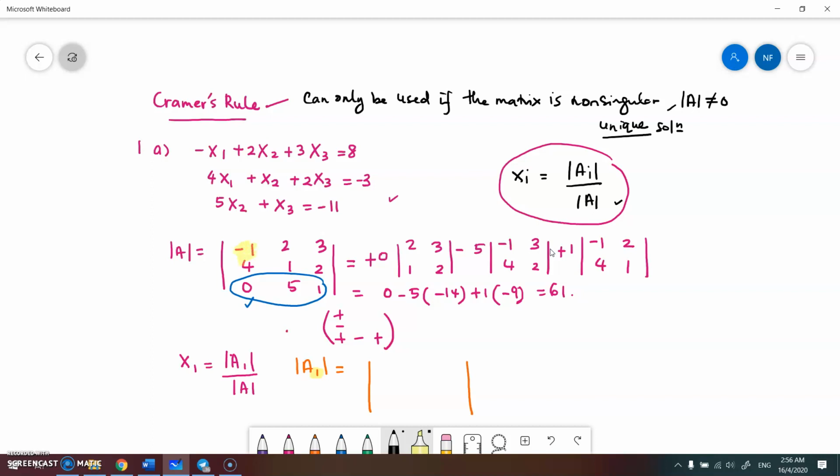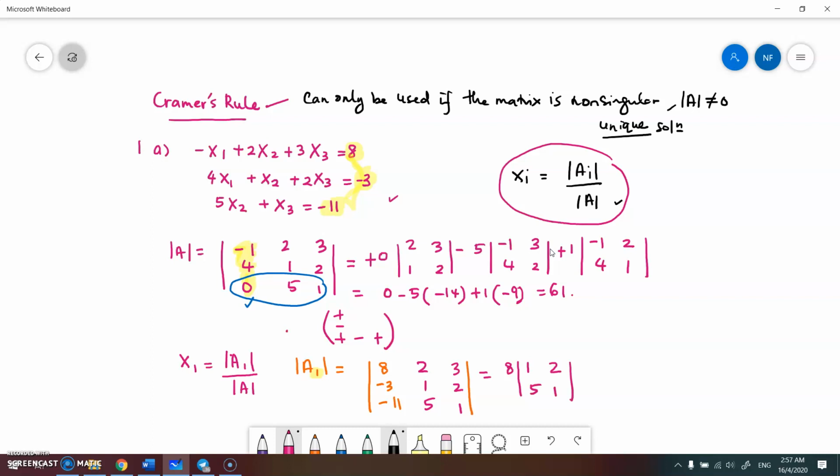Look at the first column, where the first column is negative 1, 4, 0. You have to replace it with the values here: 8, negative 3, negative 11. But the second and third columns remain. Okay, you have to find this determinant.